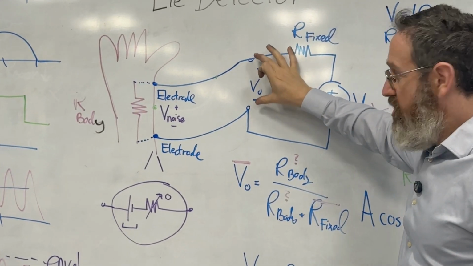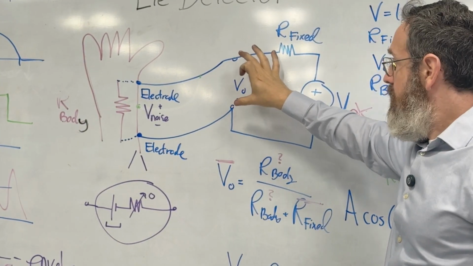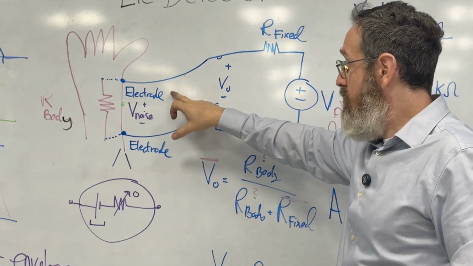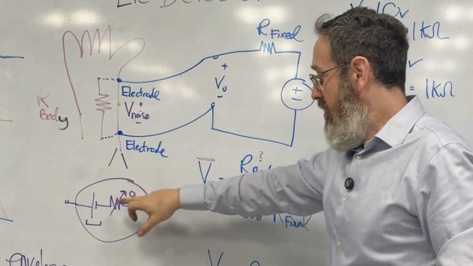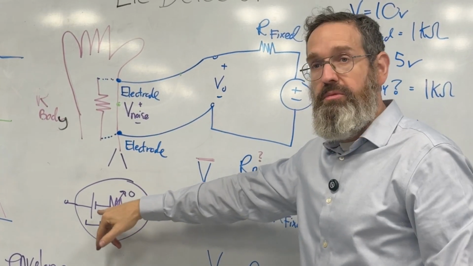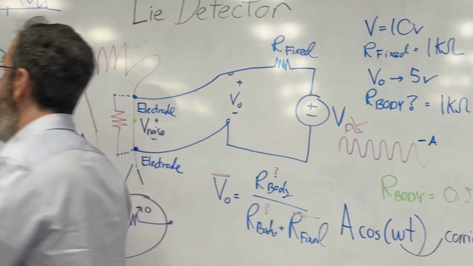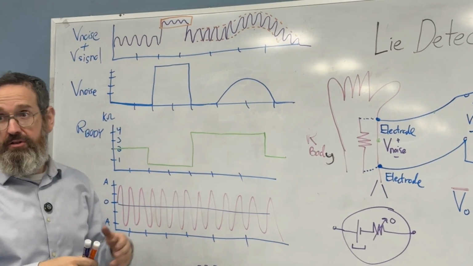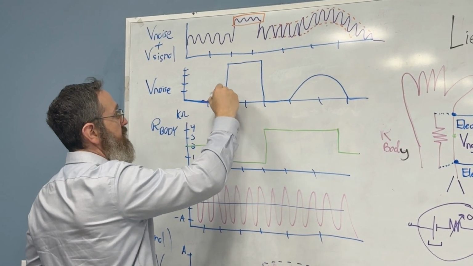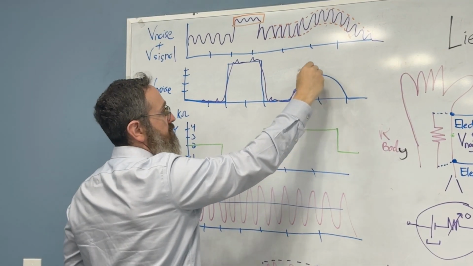If this voltage changes, how do I know that it changed because the resistance changed versus she moved her arm or something weird happened at the electrode, the contact got not as good as it used to be before. And so I don't know when I'm looking at my V out what is driving all these changes, right? If you want, I could have added a little EKG on top of everything else, right?